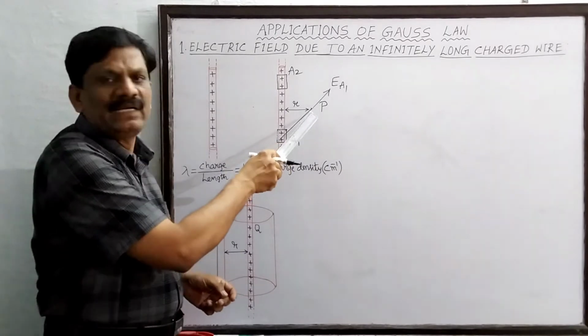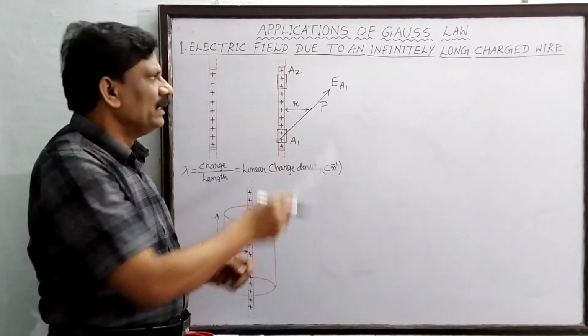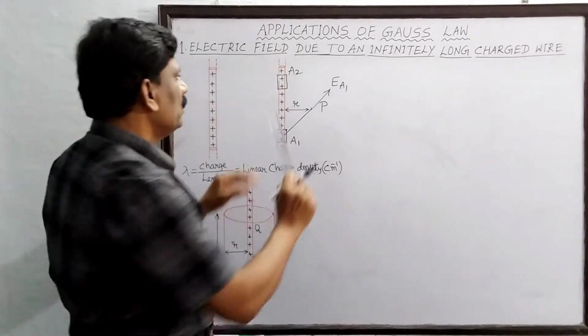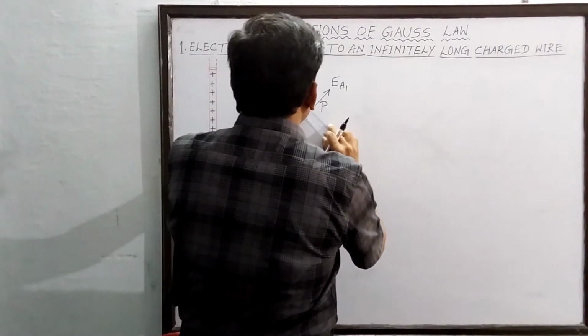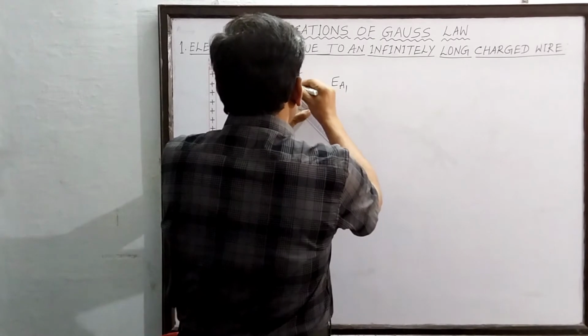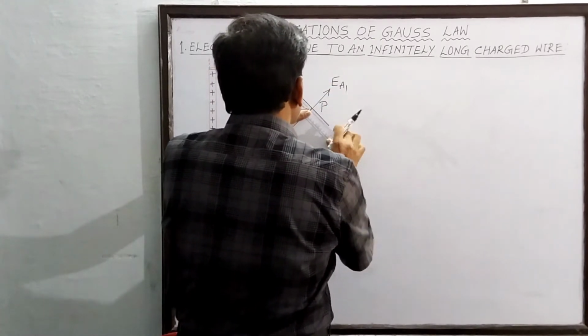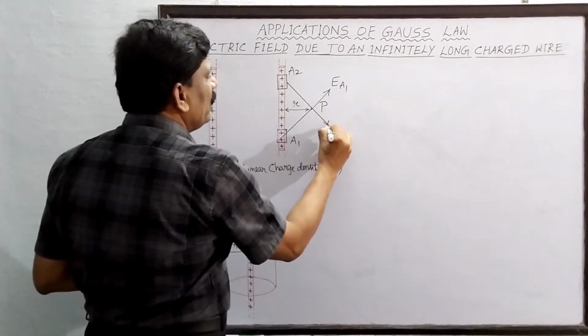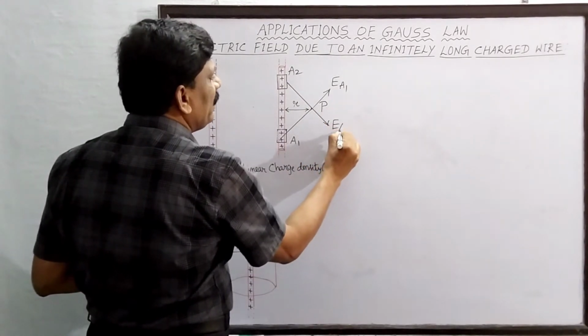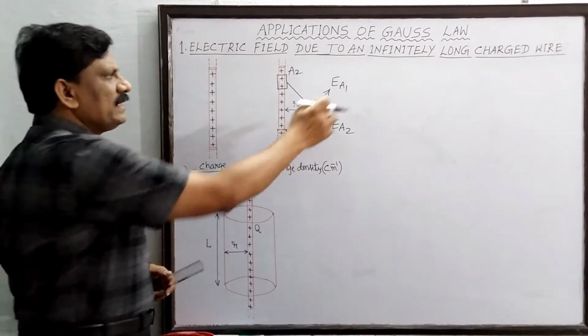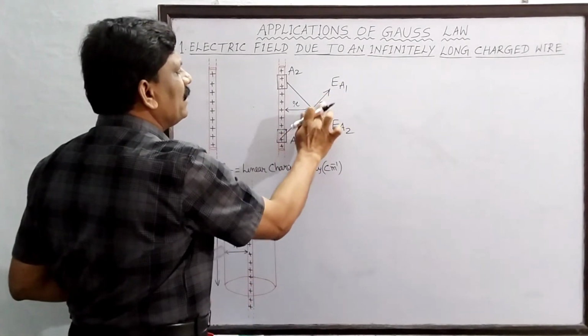Similarly, at the same point P, the electric field due to another element also I will find out. So I will join the element A2 with the point P, so that you will get the electric field at the same point P due to the second element, EA2.